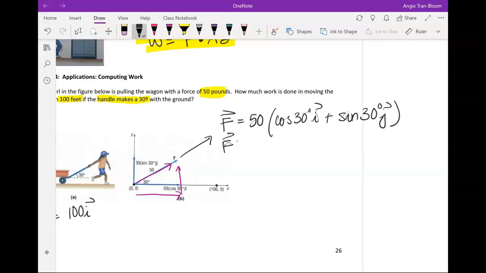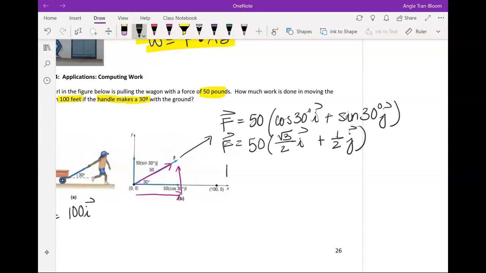So force equals 50 times cosine of 30 degrees, which is root 3 over 2, in the horizontal direction, plus sine of 30 degrees, which is a half, in the vertical direction.